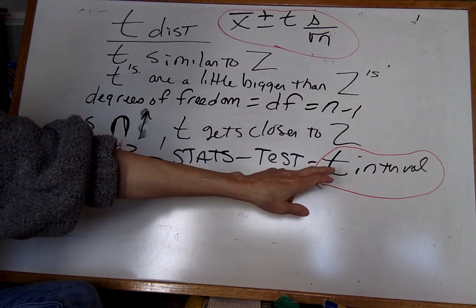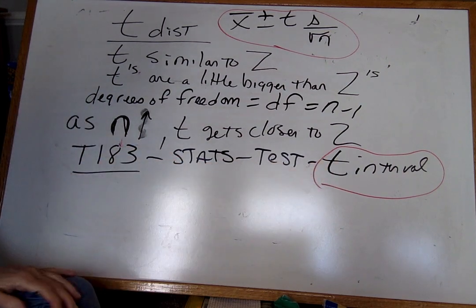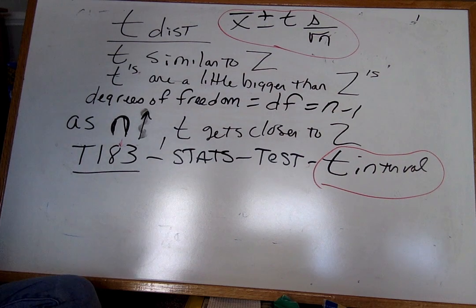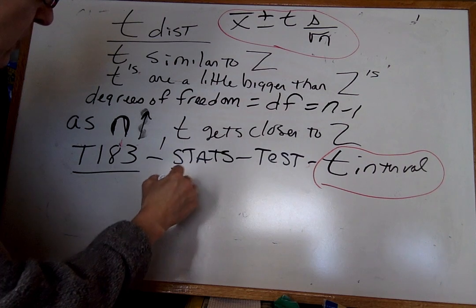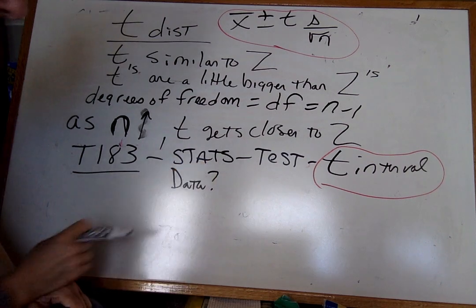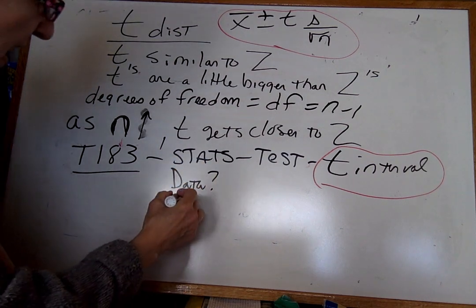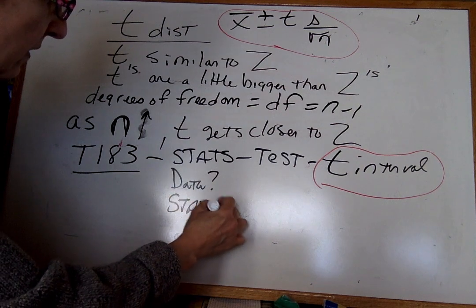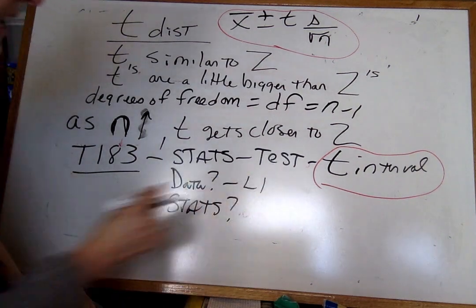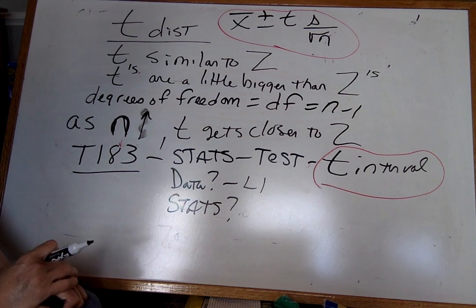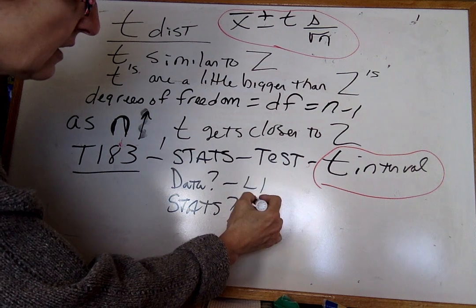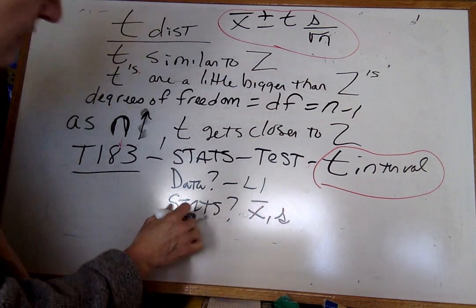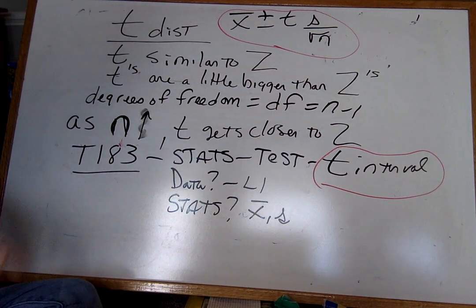Do not pick Z interval. It's the T interval. When you get there, it's going to ask you, do you have data or do you have stats? If you put data into L1, then you pick the data option. If you've just been given X bar and S, then you pick the stats option. We're going to practice one of each of those.